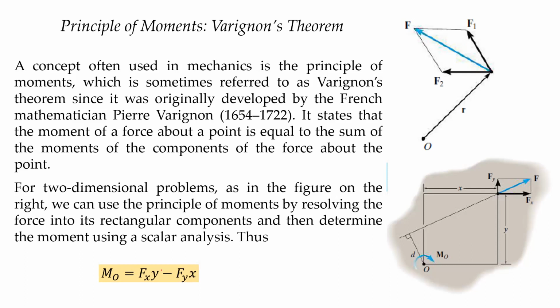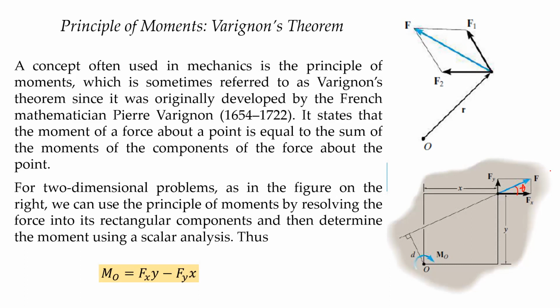So let us say for our example here, the force is applied at a certain angle from our horizontal, which is theta. Therefore, by following Varignon's theorem, we can solve for the moment that this single force causes about point O by resolving that force into its x and y components.